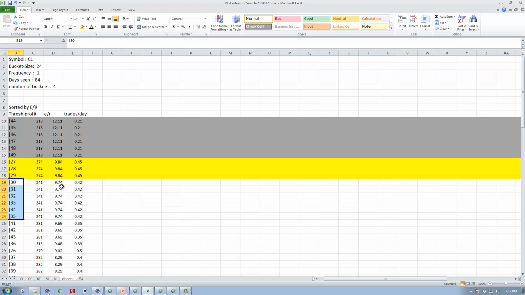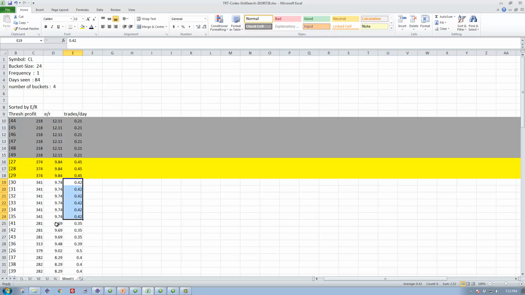It ends at 9.74. There's a little bit of a theme here: your ending ER is about 1/3 the opening requirement. That's an interesting piece of data. This is slightly fewer trades per day than the one above. The next one down is worth looking at.